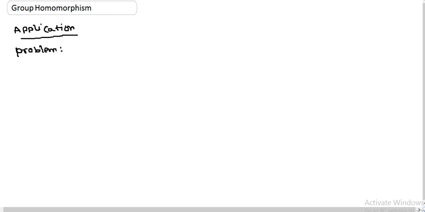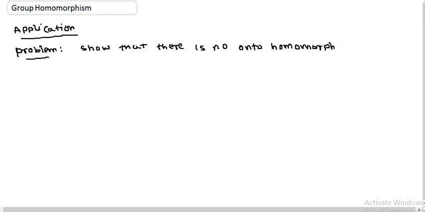You can show that there is no onto homomorphism, which is also called an epimorphism, from the group Z4 onto the Klein 4 group. Let me write down the group.